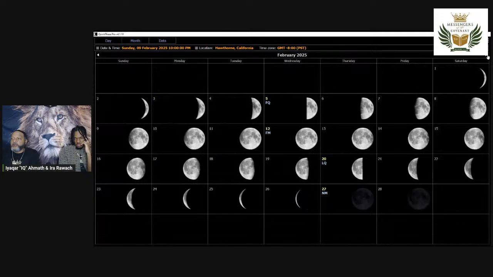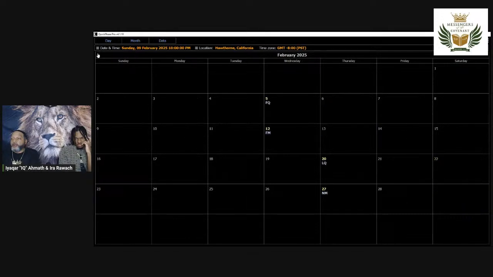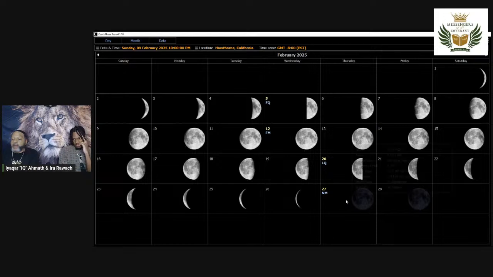And we'll just, at face value, look at the months. So now, let's go back. Look where it says the new moon is for Abib in 2025.